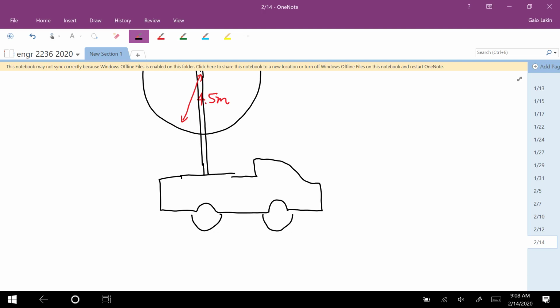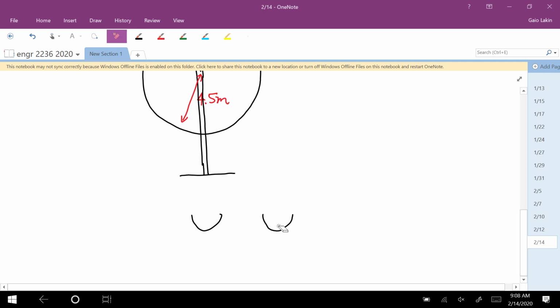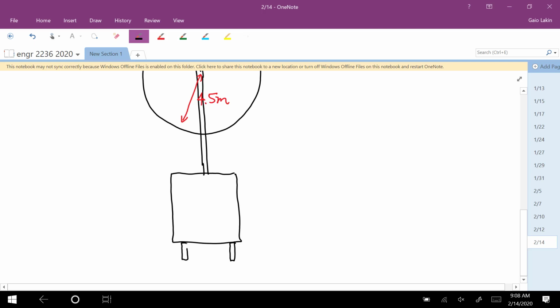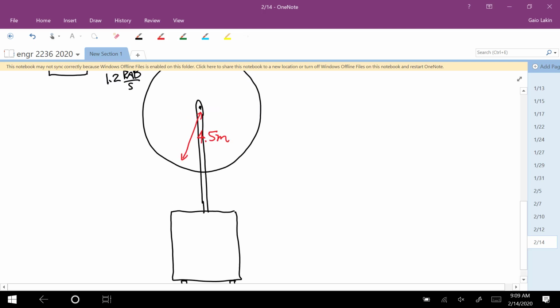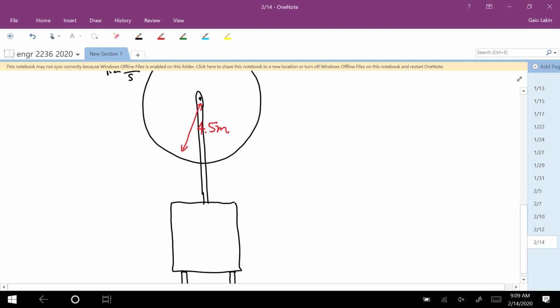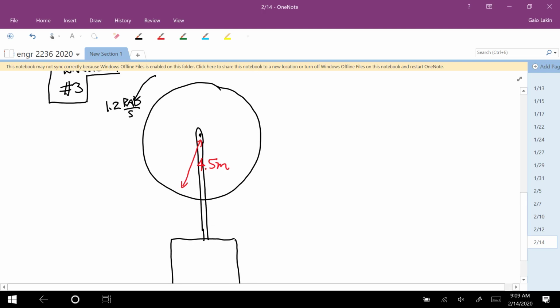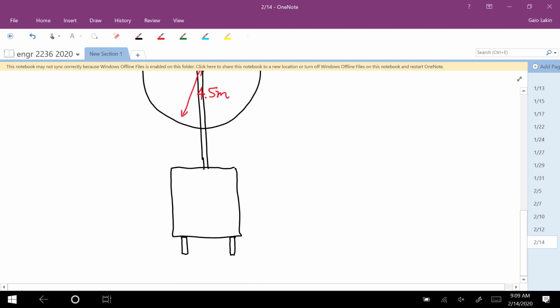The path of the train car is perpendicular to the plane of the Ferris wheel. Well, I drew that wrong then. So the path of the train car is, let's say, into the page, perpendicular to the plane of the motion. And this thing is speeding up at 2.5 meters per second squared. Let's say it's into the page.